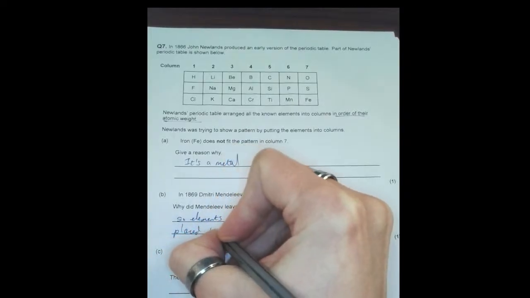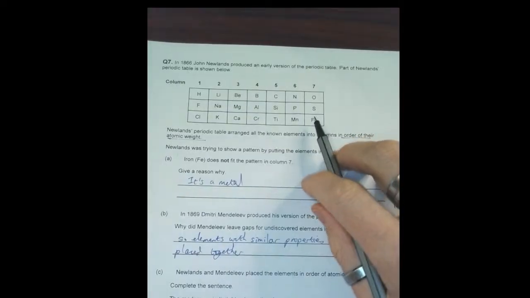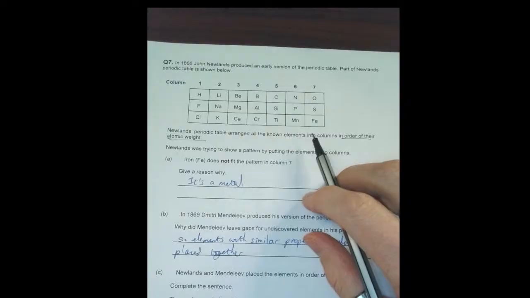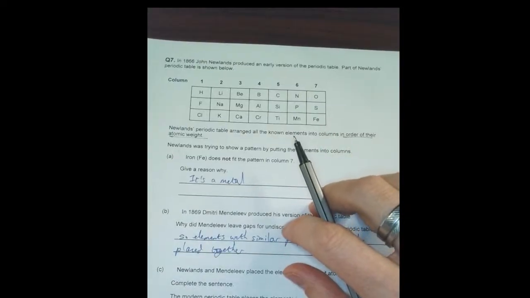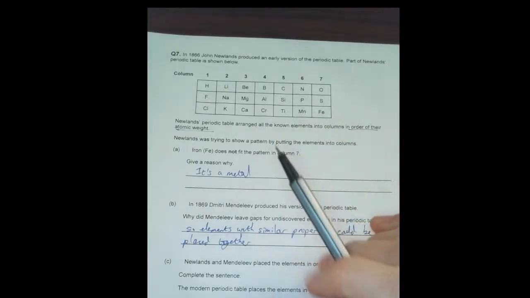And if he didn't leave gaps, then he'd have to chuck stuff like this. He'd have to put iron in with sulfur and oxygen, for example. Correct, Sophia. Absolutely. So you weren't allowed to say, because elements weren't discovered yet.